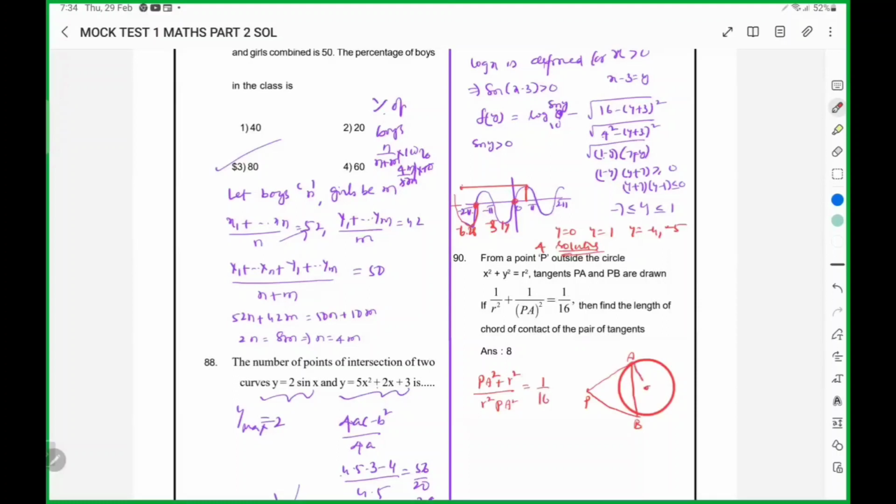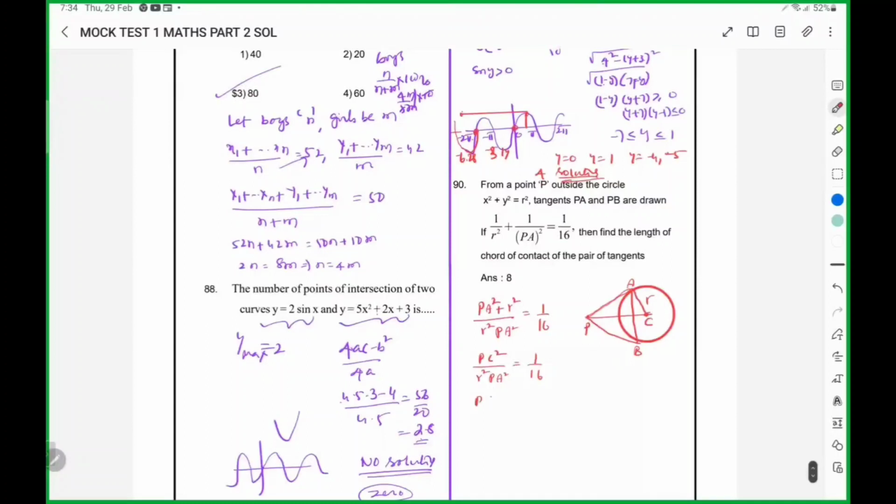The center here is C, radius r. PA square plus r square is PC square, so r square by PA square is 1 by 16. PC by PA will be 1 by 4. 4 PC is RP.